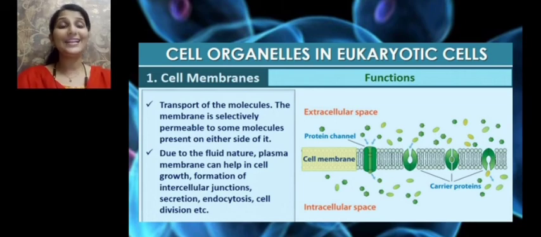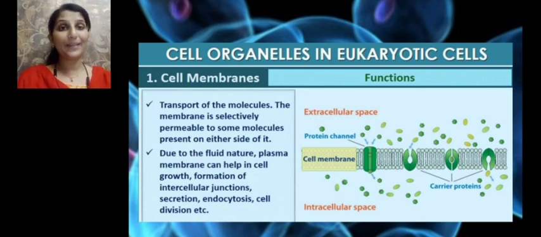and cell division. Dear children, in this module we learned that the cell membrane is made up of a lipid bilayer, proteins and carbohydrates. The lipid bilayer is again made up of two parts, the head and the tail. Based on the ease of extraction, the proteins embedded within the cell membrane are of two types, integral and peripheral proteins.